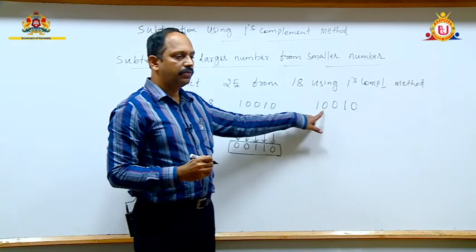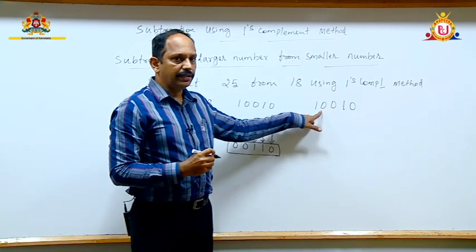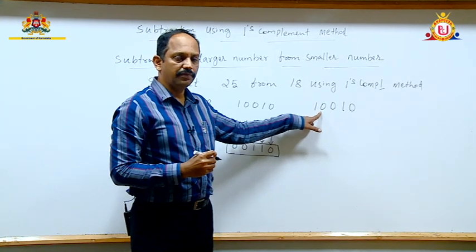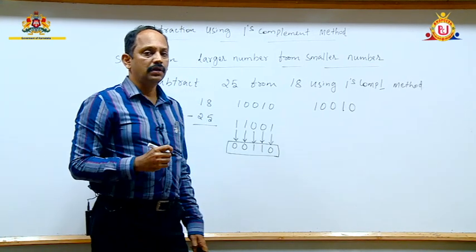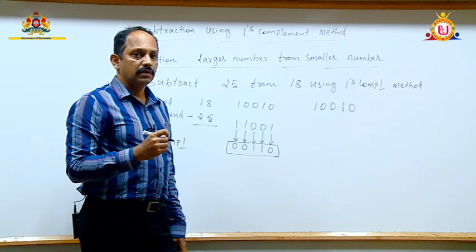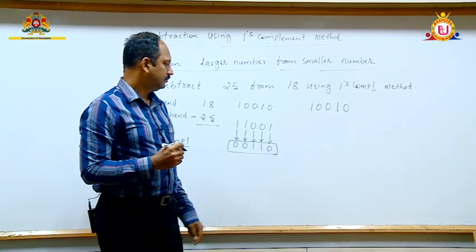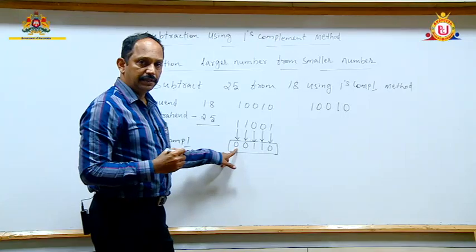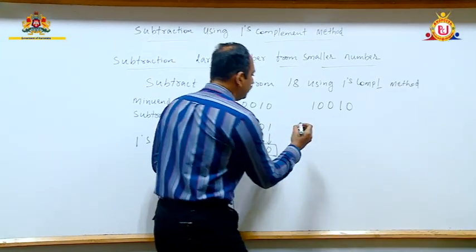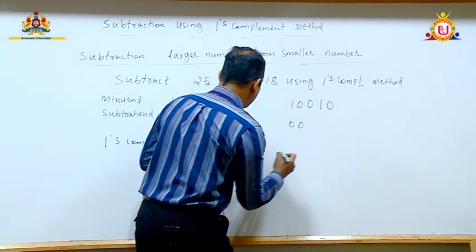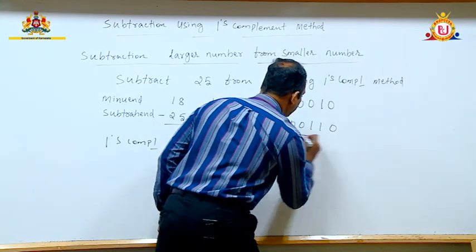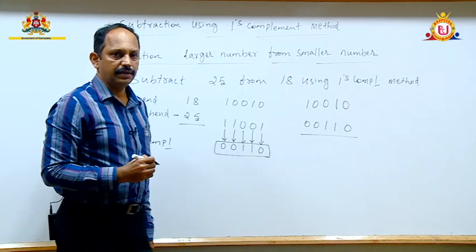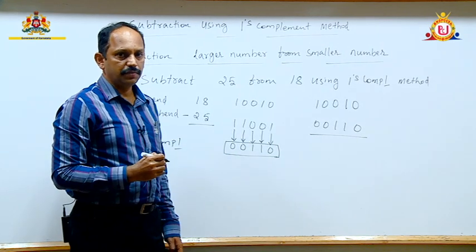Remember, we don't calculate the 1's complement of the minuend. Only the negative value is computed with the 1's complemented number. So the 1's complemented number 0 0 1 1 0 is written at the subtrahend position.